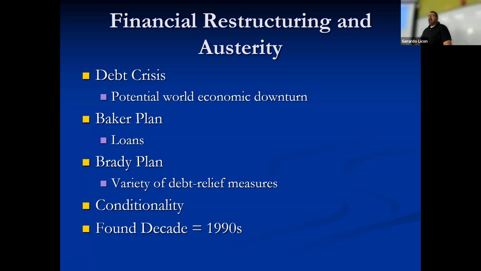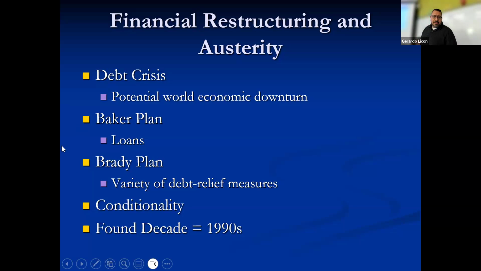So if Latin American countries were not able to make their payments on their debt, that was going to affect US banks and banks in other parts of the world. So helping Latin American countries that had a debt crisis was in the interest of the United States and the rest of the world because of that potential for a world economic downturn.